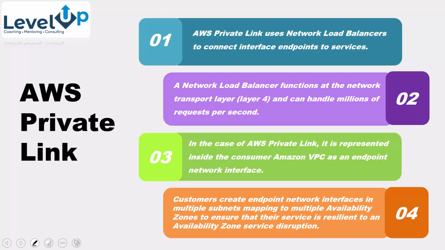Customers can create endpoint network interfaces in multiple subnets mapping to multiple availability zones to make sure the service is resilient to an availability zone service disruption. Okay, that's in short about AWS PrivateLink and about VPC endpoints.